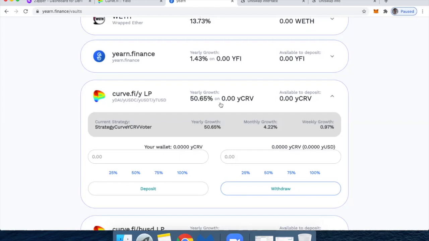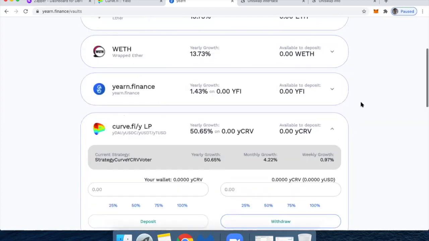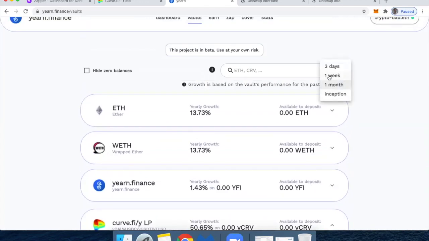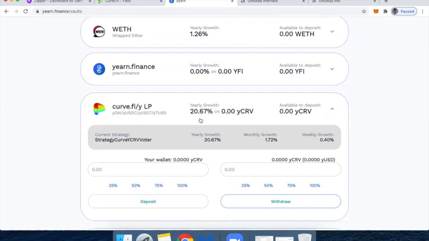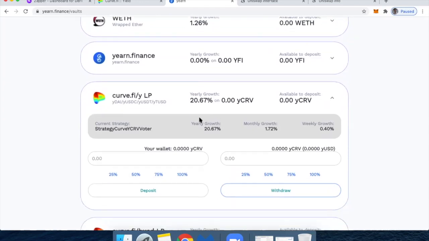Now that the price is lower, and generally the entire crypto market has had a drawdown over the last few weeks, that's why I like to look at 1 week or 3 days. I can see now that it's lower. It's still much higher compared to traditional legacy markets or a bank savings account, but it's good to be aware of that because this is a big difference from the 50%.